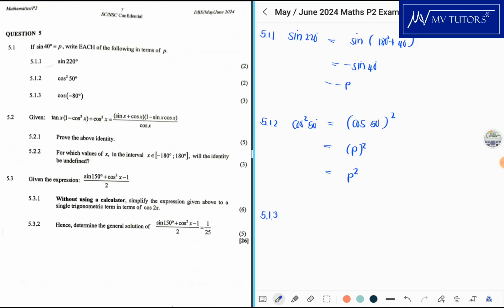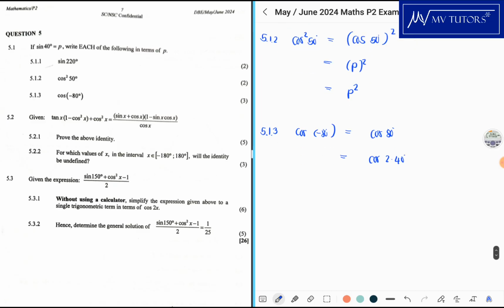Cofunctions. That is 5.1.3, we have cos negative 80. Remember, cos of a negative angle is actually positive, so we can just write it as cos 80. And what is cos 80? If I'm going to relate it to 40 degrees, well, 80 degrees is 2 times 40. So it's like we have cos 2 theta, cos 2x.